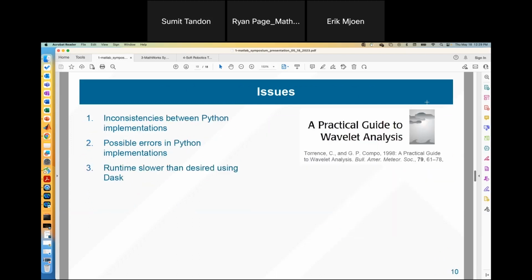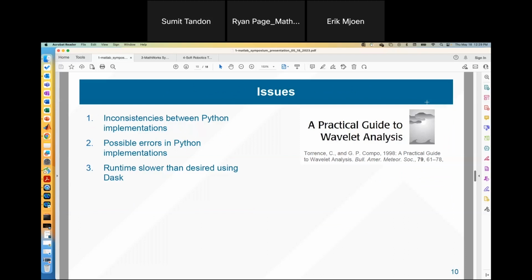So just to recap, we've hit 3 issues so far with Python wavelets. One is the inconsistency between packages, which is a bit strange because most implementations claim to implement the CWT as described in a paper by Torrence and Compo, A Practical Guide to Wavelet Analysis. But as you've seen, they often come up with pretty different results.